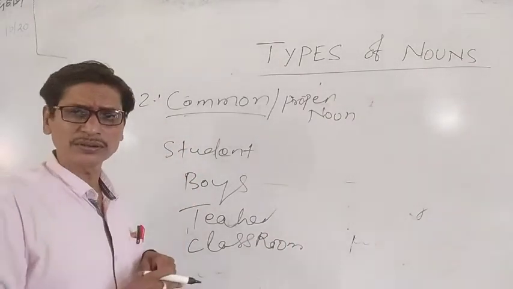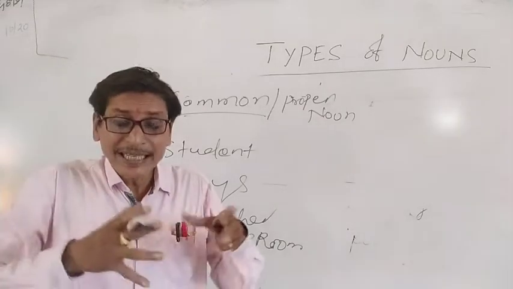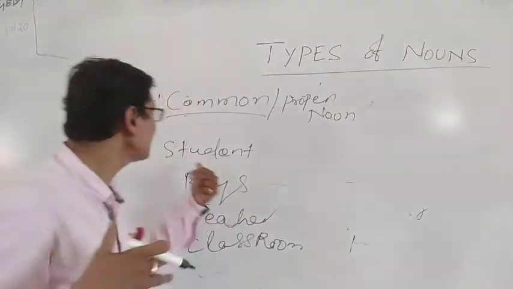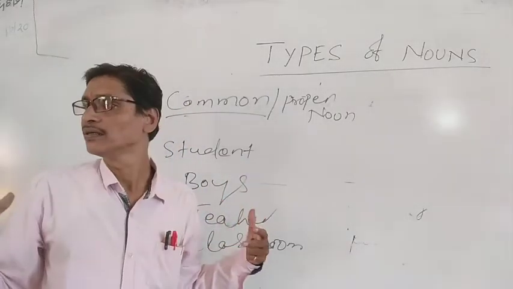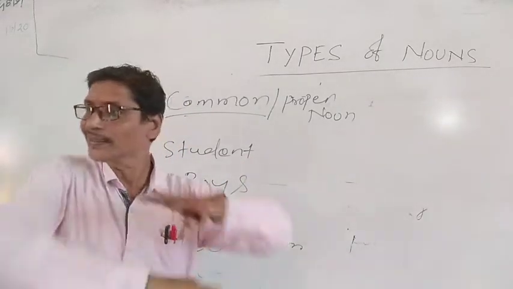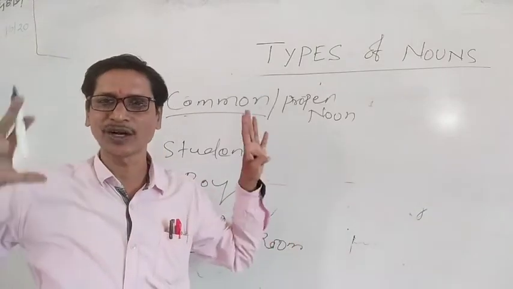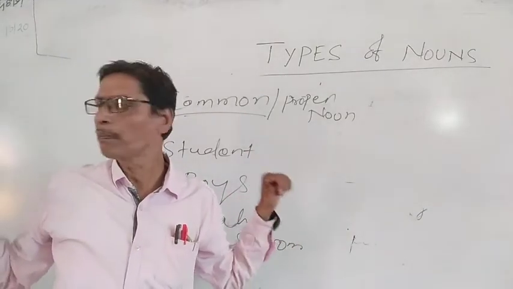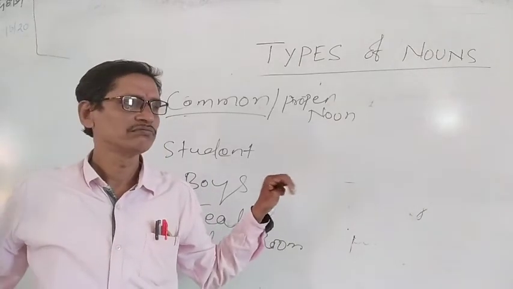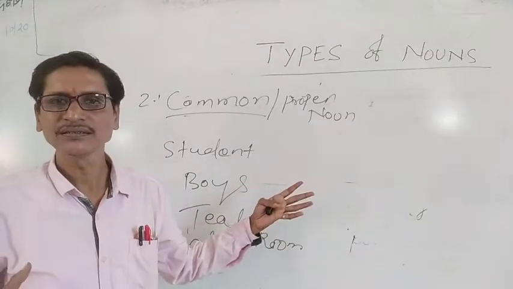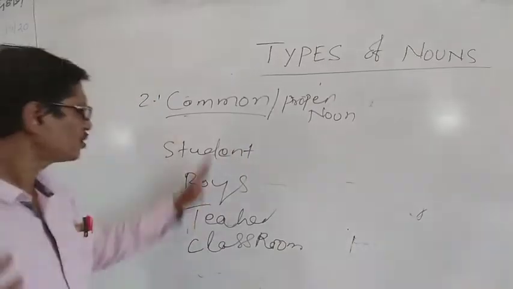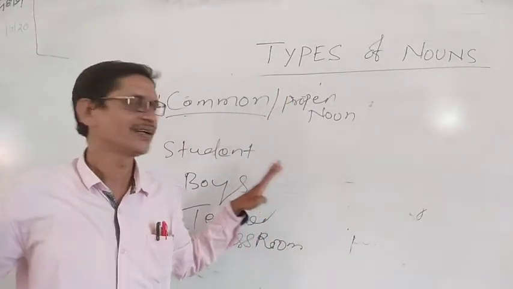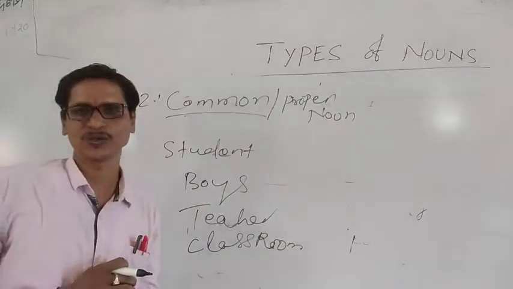We say these are common because everybody understands. Student means not one student, it is talking about a mass, it is a common noun. Citizens, players, girls, many things. So those which have a common name are called common nouns.